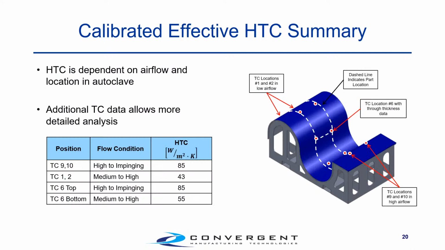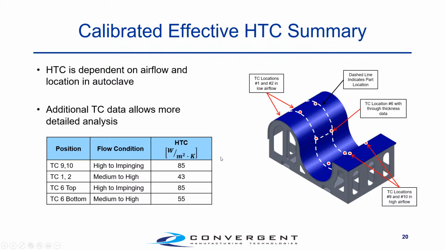Through those examples, we were able to see that the HTC is dependent on the airflow and location in the autoclave. We saw the highest value at TC 9 and 10, as well as the top of TC position 6. And we saw the lower value on the underside there, which is consistent with the airflow and the positioning. We'd expect stagnant airflow here. And on the back side of the part, at position 1 and 2, we saw the lowest value.